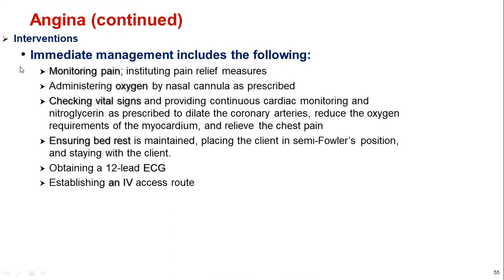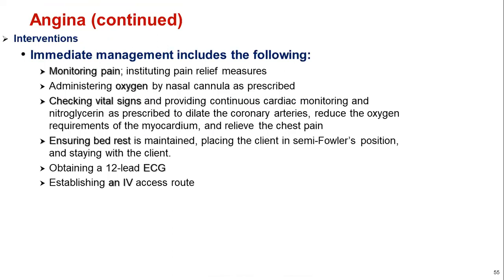So as a nurse, what is our intervention? Immediate management includes the following: monitor the pain, right? Give them oxygen, check the vital signs. If we see fluctuating vital signs, we have to inform the healthcare provider.